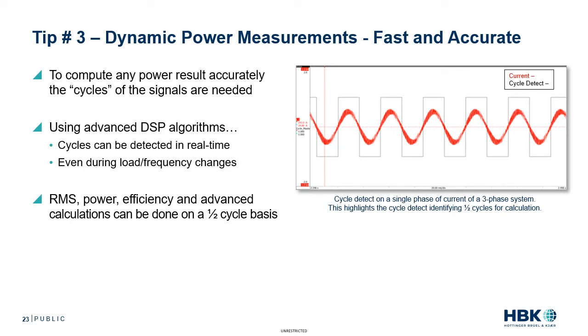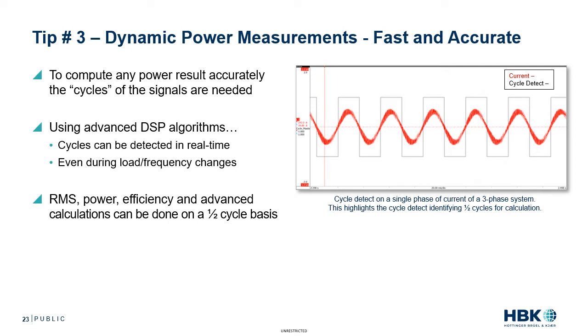To calculate AC electric power accurately, you need to identify the cycles of the signals. Now, determining the time frame for a full cycle or even a half cycle can be difficult because the frequency in rotational machinery is often changing. So using a DSP, digital signal processor, with advanced algorithms, one can filter one of the phases of current in real time to determine the cycle time by locating, for example, the zero crossing points as seen here in the diagram.